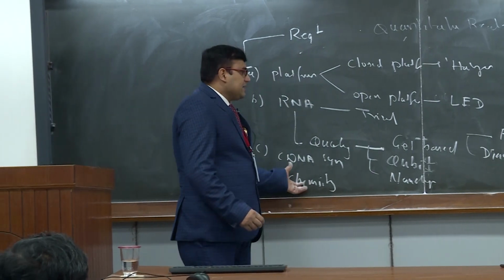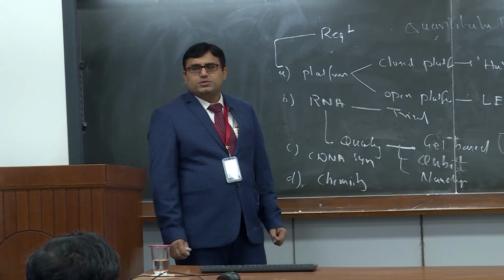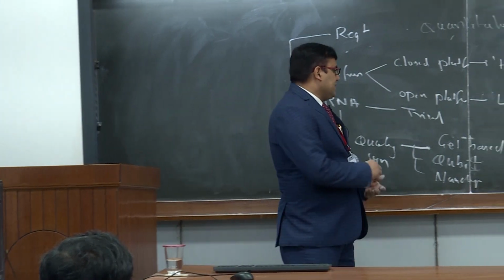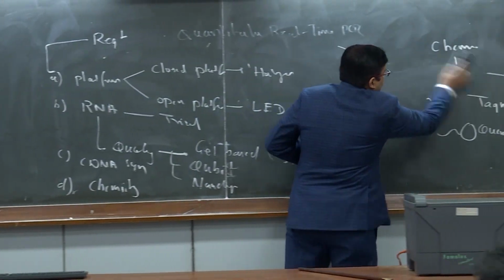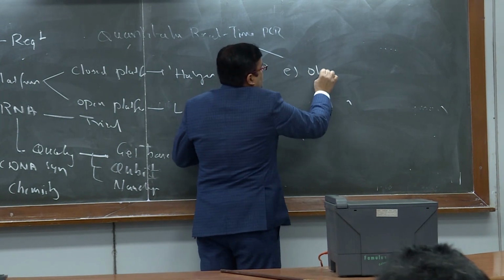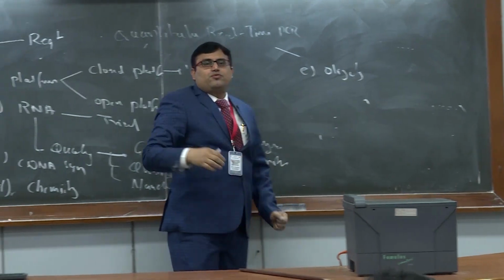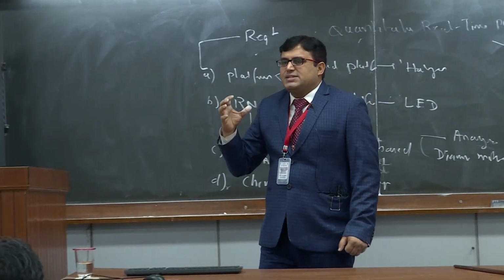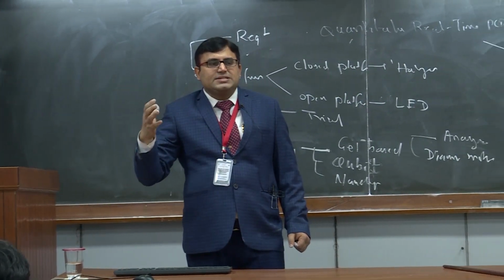So once you decide which chemistry you are going to use, then the most critical point comes, that is the oligos. When you go for oligo designing, there are a few criteria which you have to follow, then only you can design the oligo.